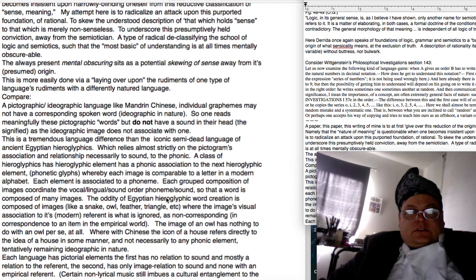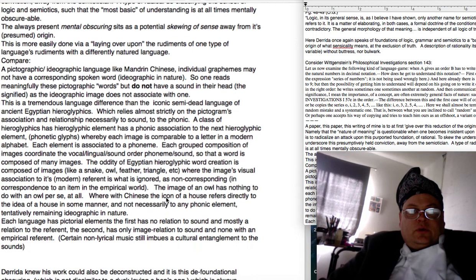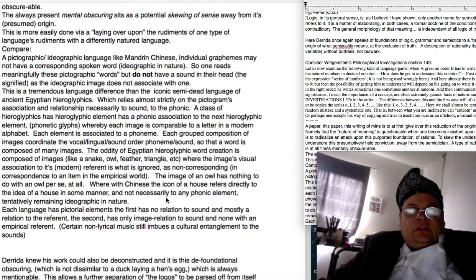This is more easily done via the laying over upon the rudiments of one type of language's rudiments with a differently natured language. Compare a pictographic, ideographic language like Mandarin Chinese, where individual graphemes may not have a corresponding spoken word, ideographic in nature.